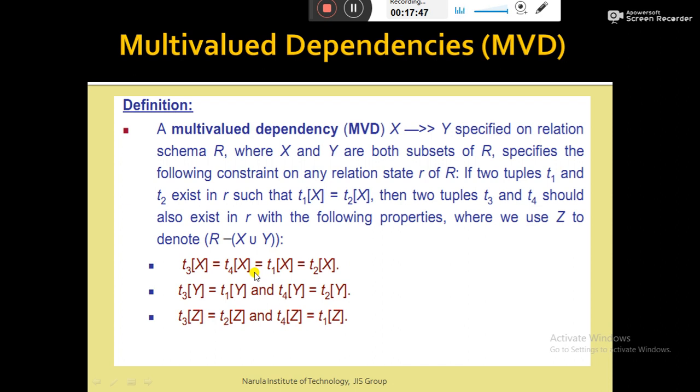If we translate this symbolic representation, we will get the informal definition of multi-valued dependency that I discussed in my previous slide. You can dry run it on plain paper to get the informal definition.